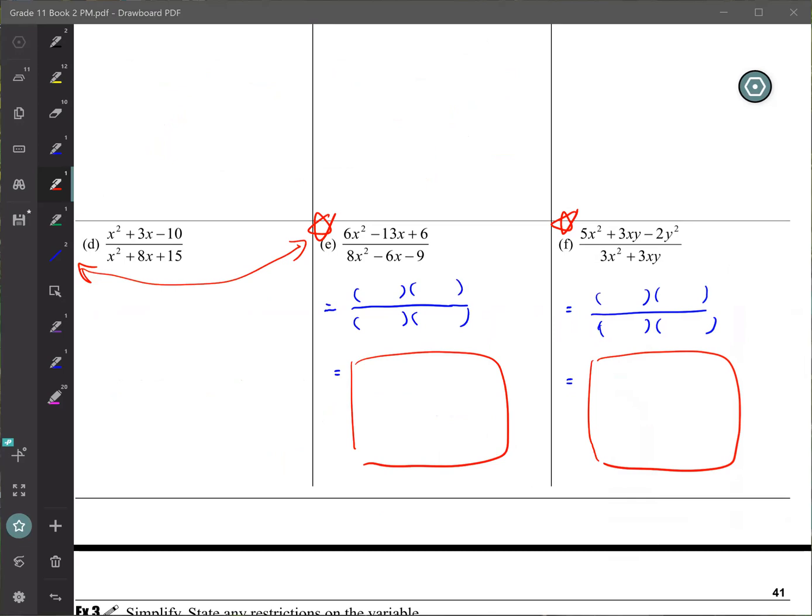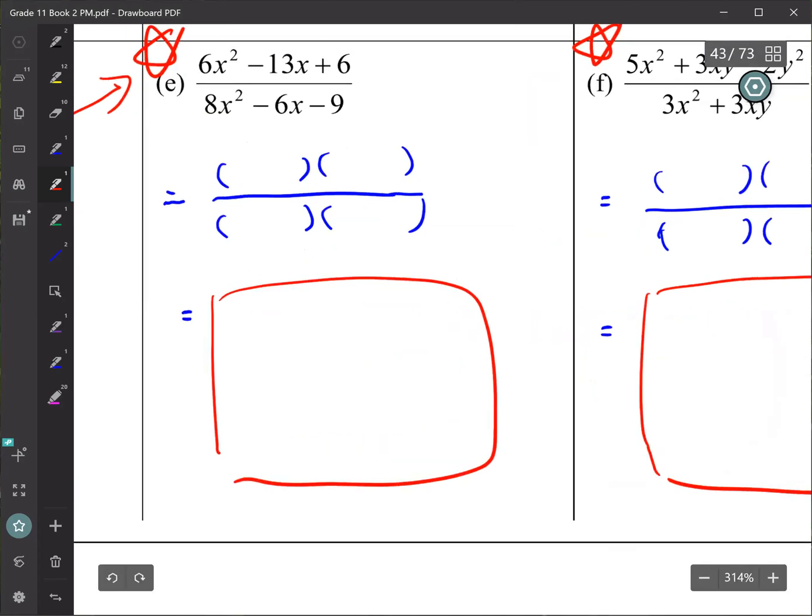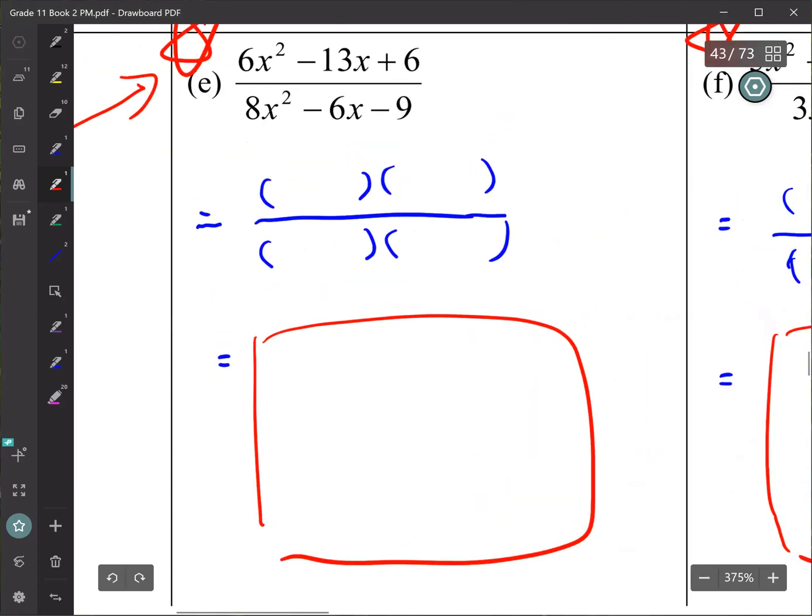Have you all finished question E at least? Let's check the factors for E, okay? Brandon, can you tell us your factor for the numerator? 6x squared minus 13x plus 6.